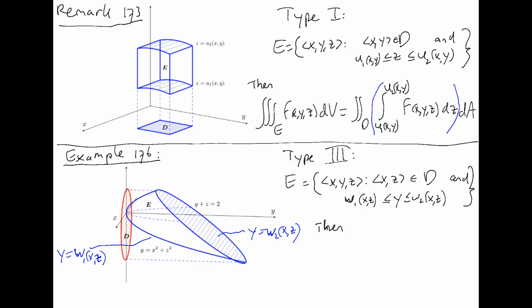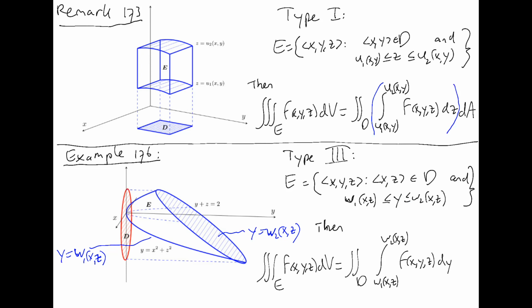In this case, you can show that the triple integral over such a region is going to be equal to, again, a double integral over D, and then the inner part is going to be an integral from W1(x, z) to W2(x, z) of f(x, y, z) dy, and again dA.